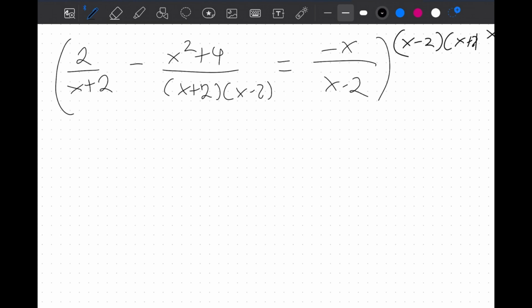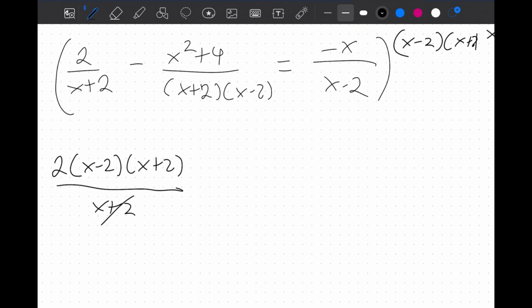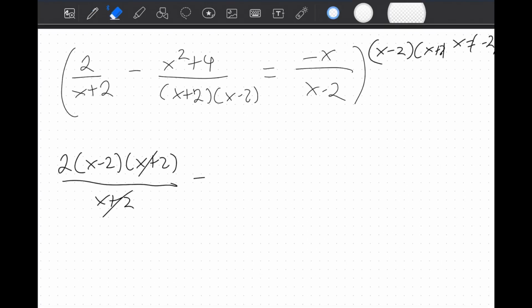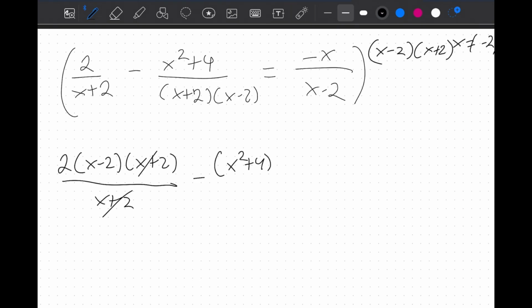So if I do that on the top, I will have 2 x minus 2, x plus 2, all over x plus 2, so that can cancel, minus, plus 2, and then here I would get minus x squared plus 4, x minus 2, x plus 2.